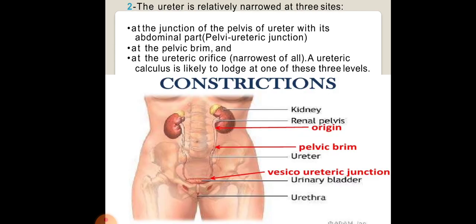Now the second is that the ureter has constrictions, as we have discussed. These constrictions, these narrowings, are helpful for lodging of a calculus, and thus the surgeon can easily identify the lodging of renal calculi or any calculus at these points or narrowings.